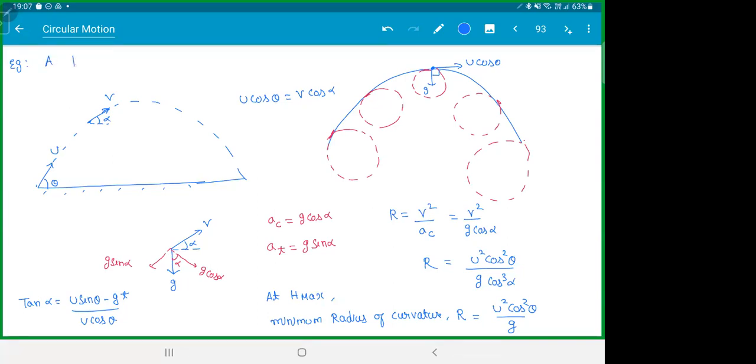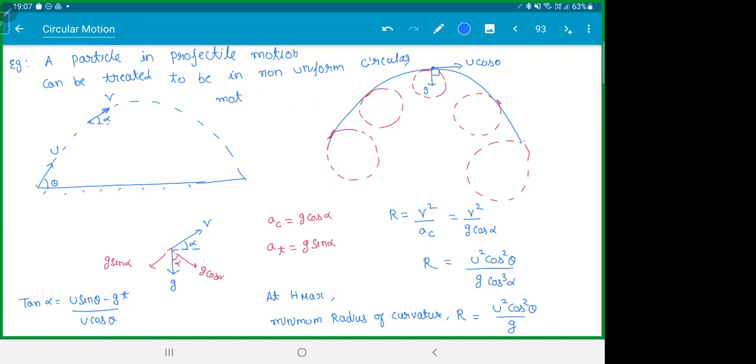A particle in projectile motion can be treated as non-uniform circular motion. Please check. This is how they'll frame questions.